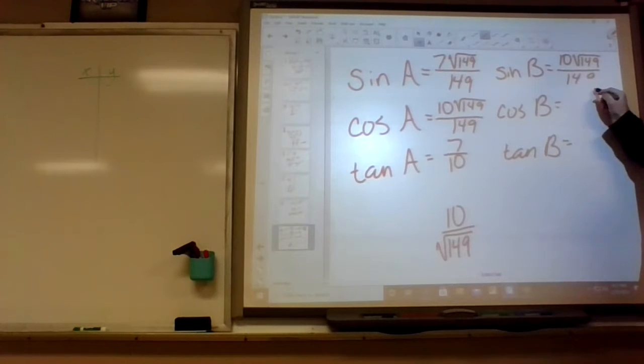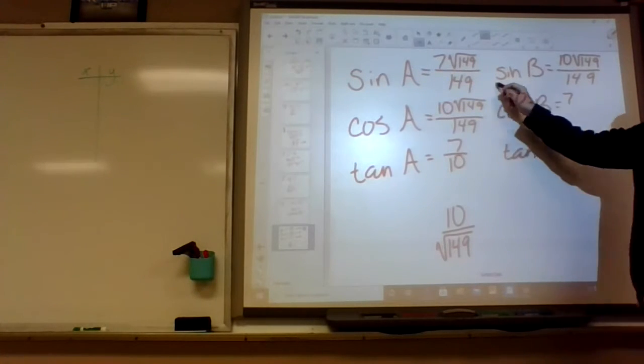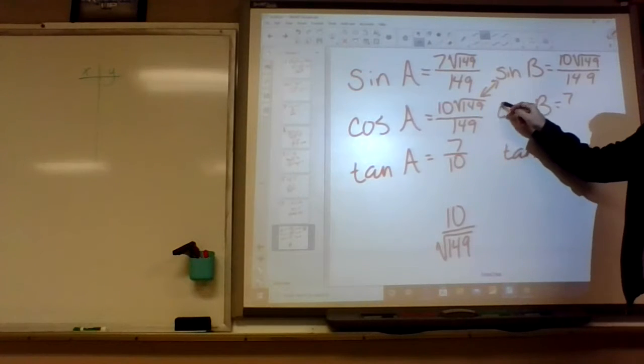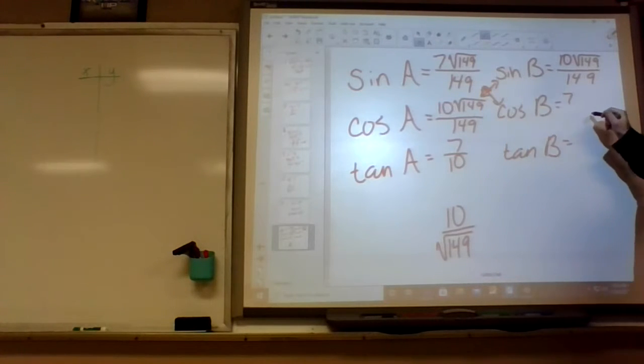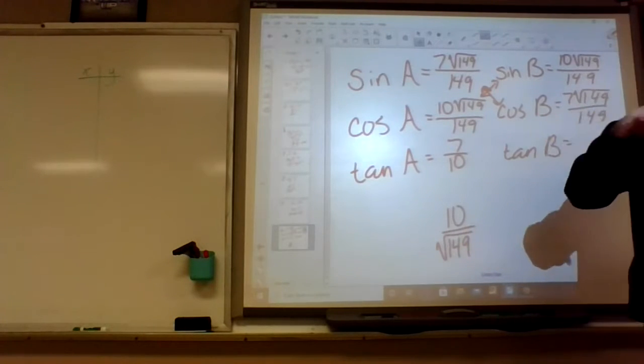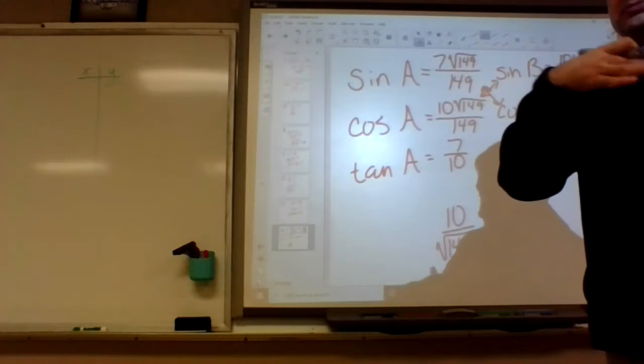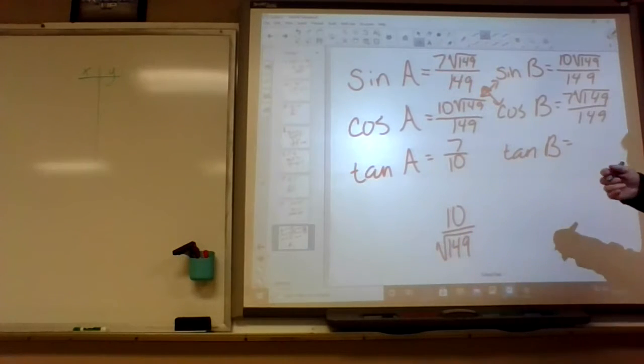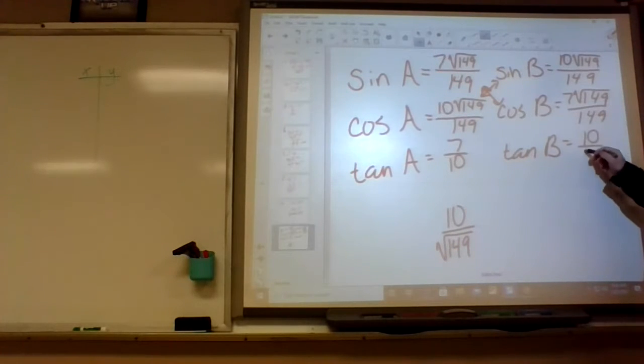So these two switch, and these two switch. And then you flip the tangent: 7 over 10 becomes 10 over 7. When you switch the angles, the opposite and adjacent switch, so the tangent flips upside down.